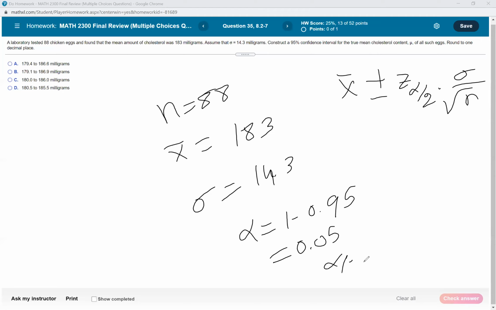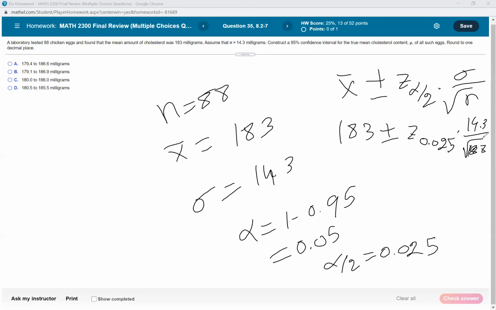So alpha over 2 will be 0.025. Now you need to find z alpha over 2 from the z table, and we have sigma 14.3 over square root of 88.